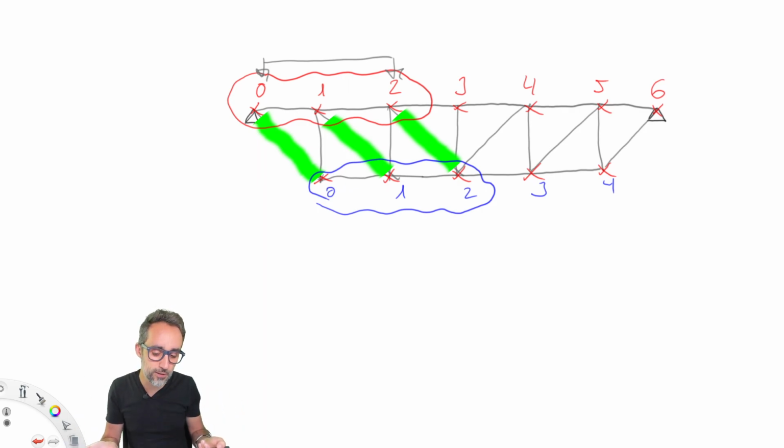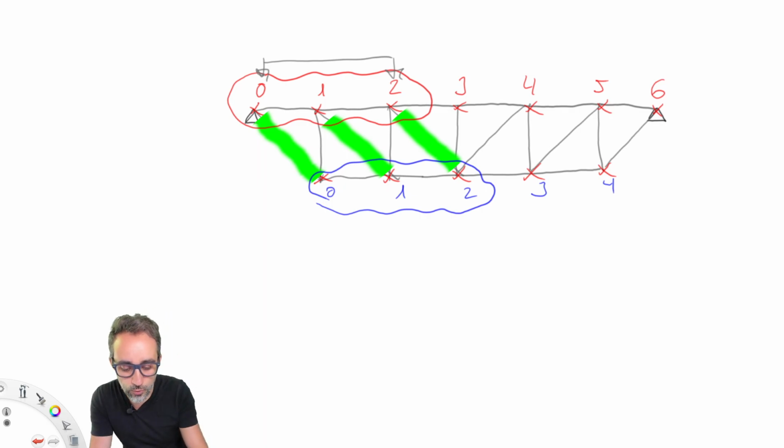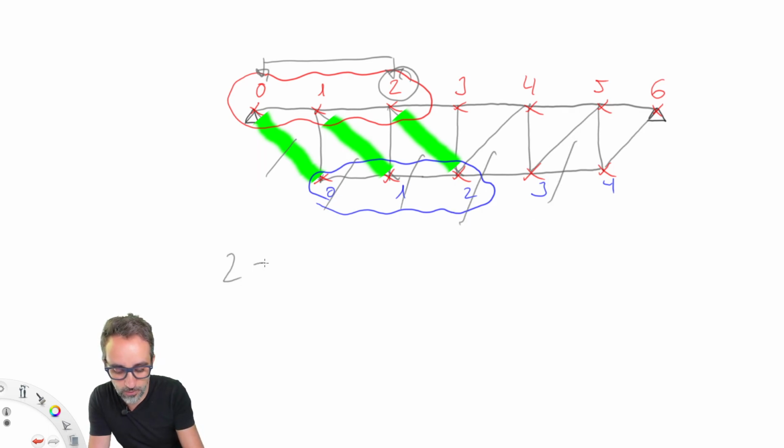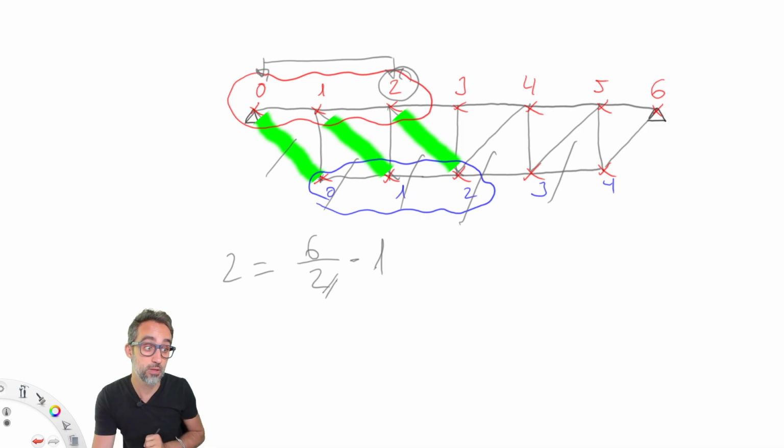And what do we think the rule is going to be? The rule for the number 2 based on 6 spans could probably be something like this. We can see that the number 2 might be 6, the number of spans, divided by 2, and this can be hard-coded, minus the value of 1. Because this is 3, right?